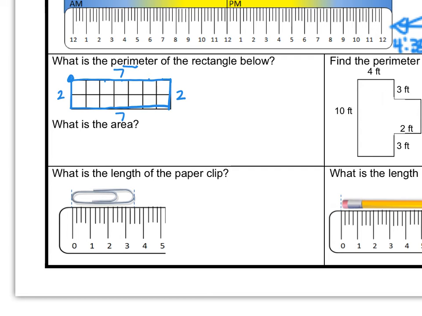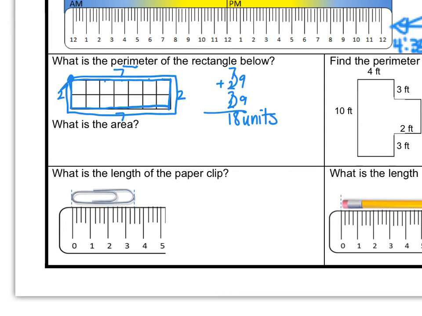If we start here and go all the way around, we're going to add it all up. 7 plus 2 plus 7 plus 2. And we have, here's 9 and here's 9. Now it's a doubles fact. 9 plus 9, 18. And we don't know the units, so we're going to say units.